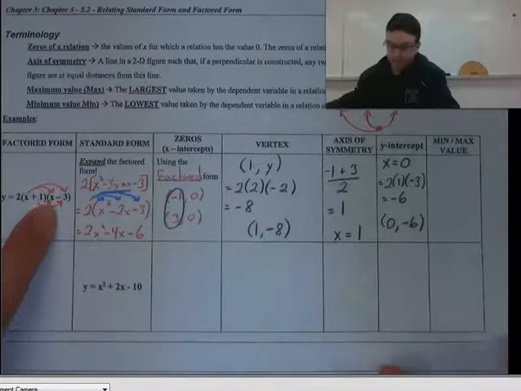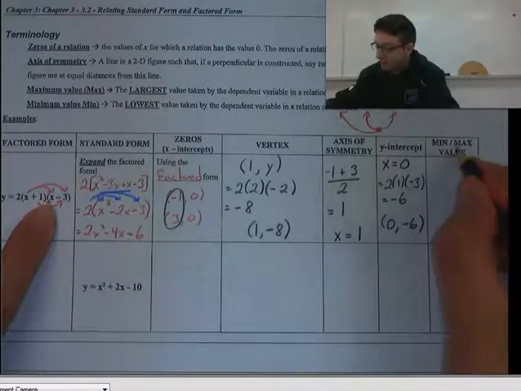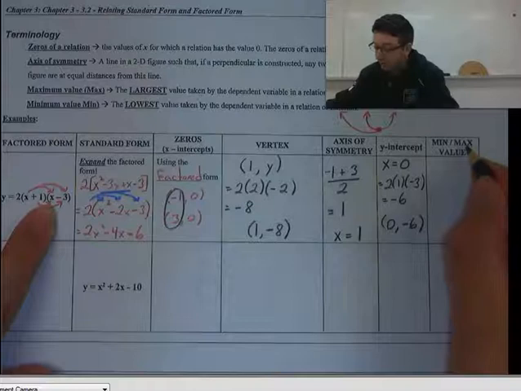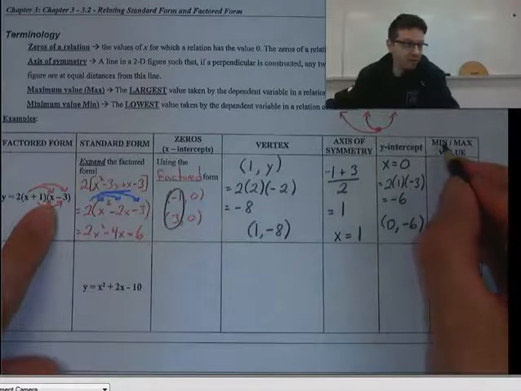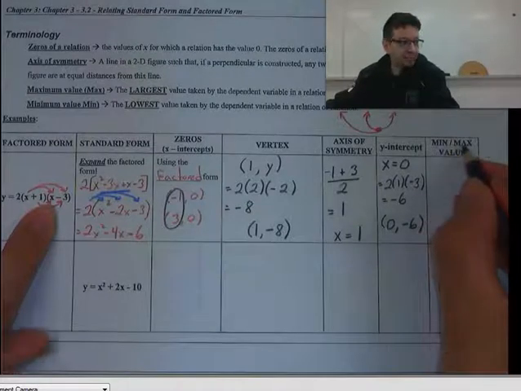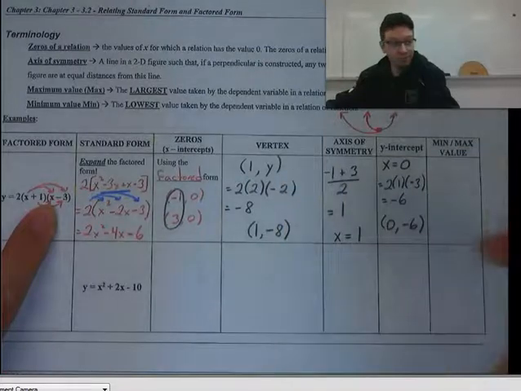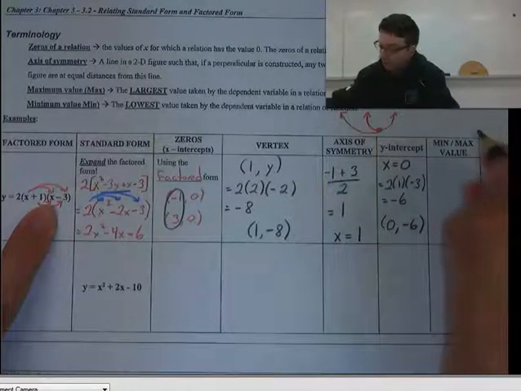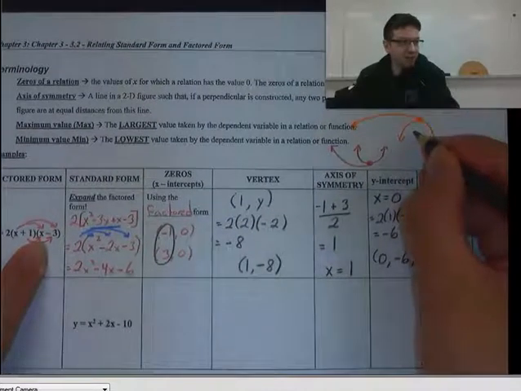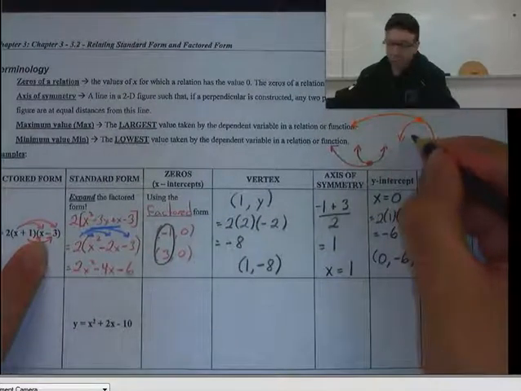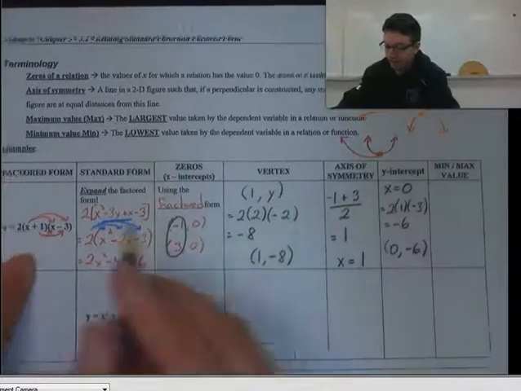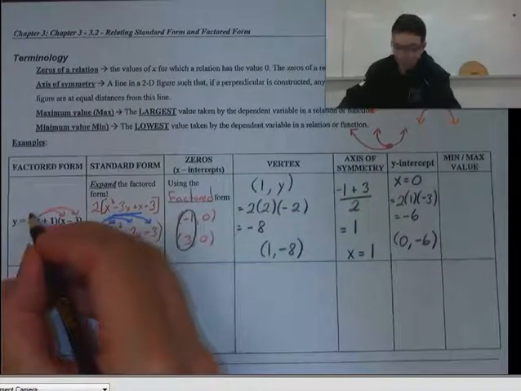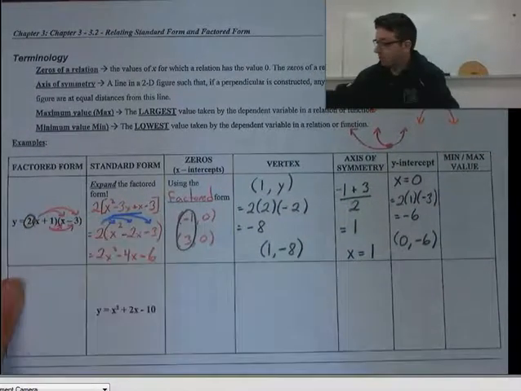And lastly, to find the minimum or maximum value, first we need to know whether it is a minimum or a maximum. That value is our vertex, but which one is it? To determine that, remember from up here, we need to see if it opens up or opens down. So let's look at our a value. Our a value is positive 2.